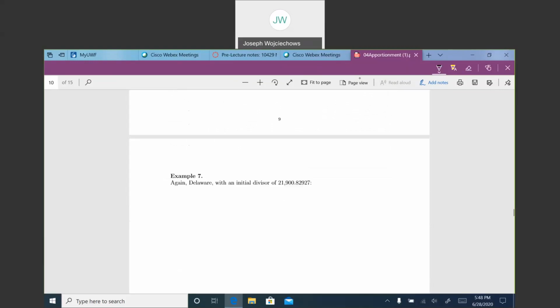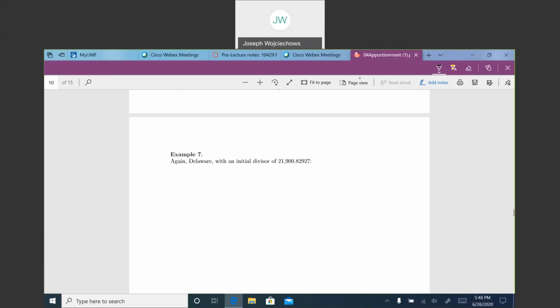So let's go back to our Delaware data, since there's less of it. So we had the county, which is Kent, Newcastle, Sussex.